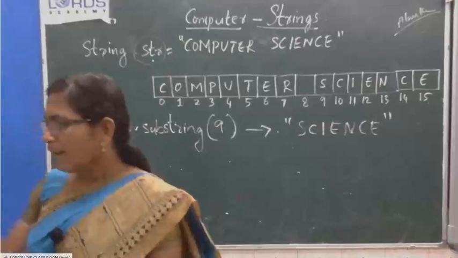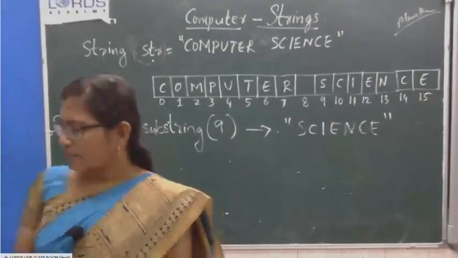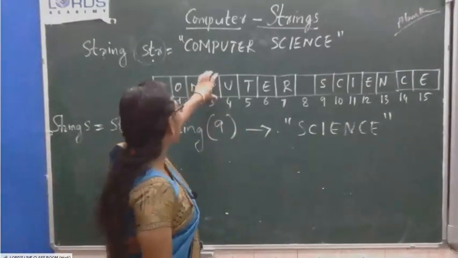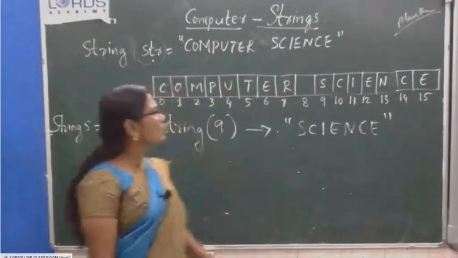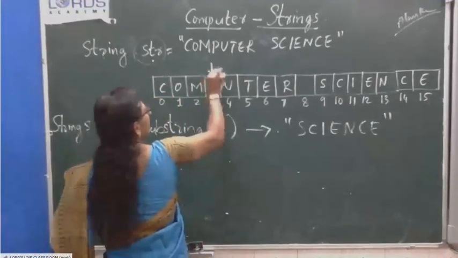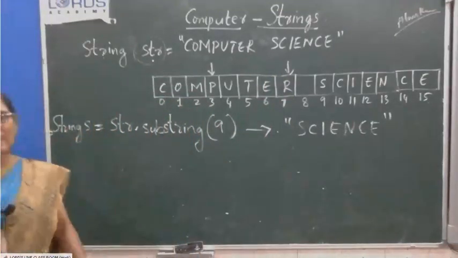Okay. Another version of substring is, I just want to take out only a group of characters. P-U-T-E-R only I want to take out. From here till here I want to take out a group of characters from the middle.